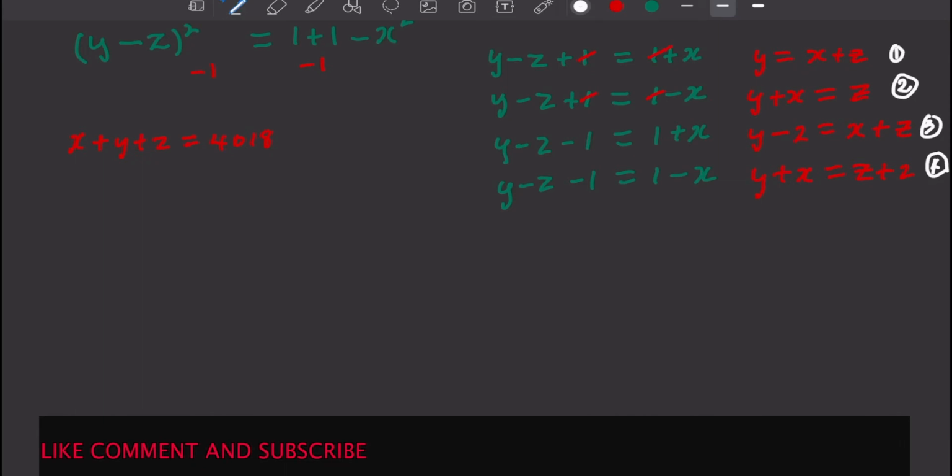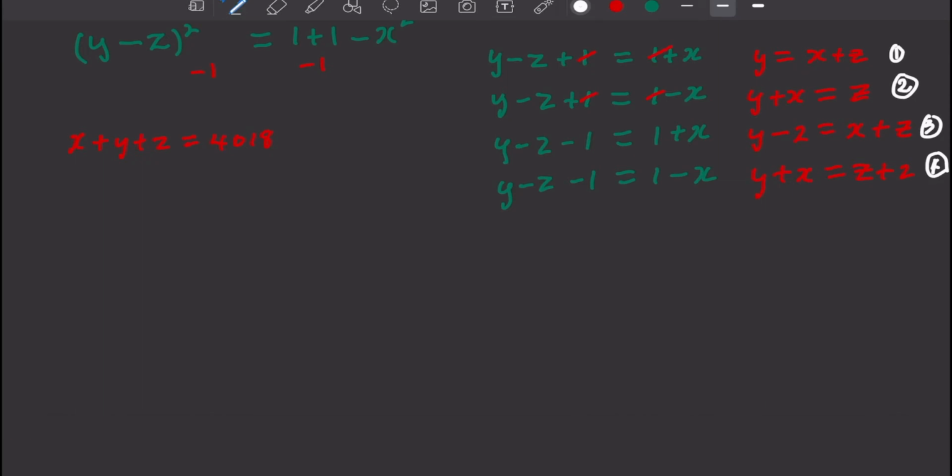Right. So for the first one, we're going to substitute in x plus z equals y. So we're going to get that 2y is equal to 4018.